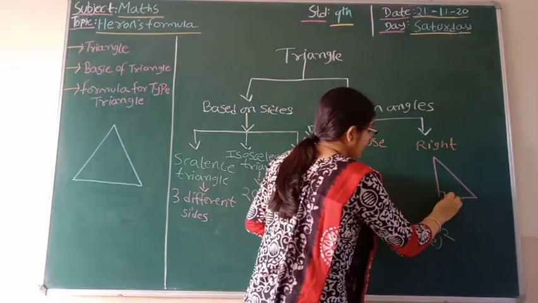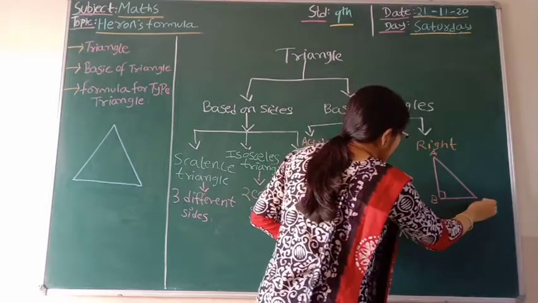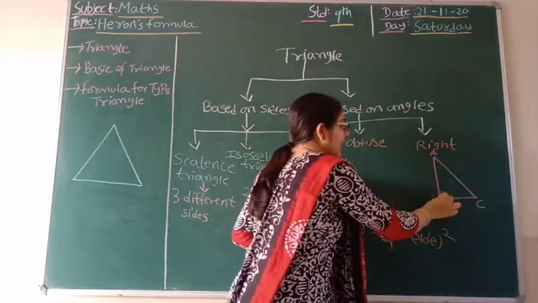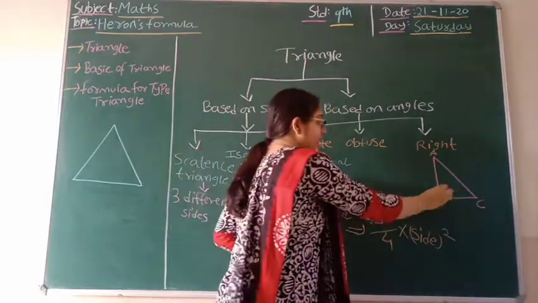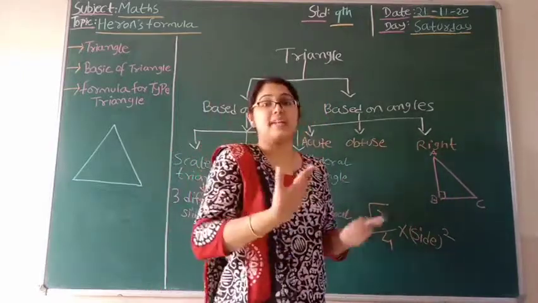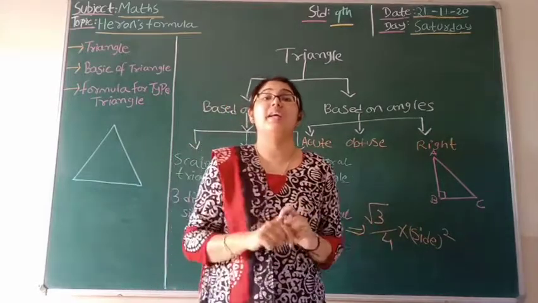This is a right angle triangle. Let us name this A, B, C. So students, this is a right angle triangle having a 90 degree angle, and the side opposite to this 90 degree angle is known as the hypotenuse.